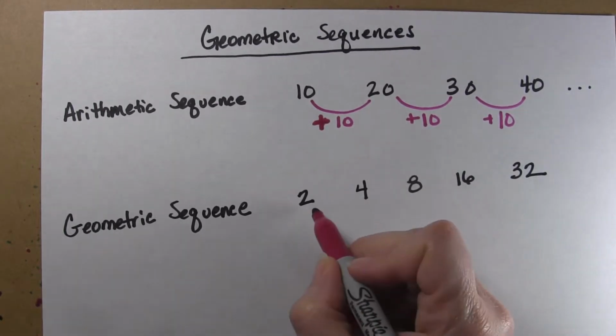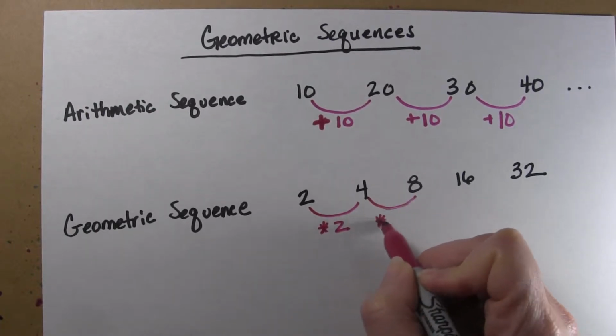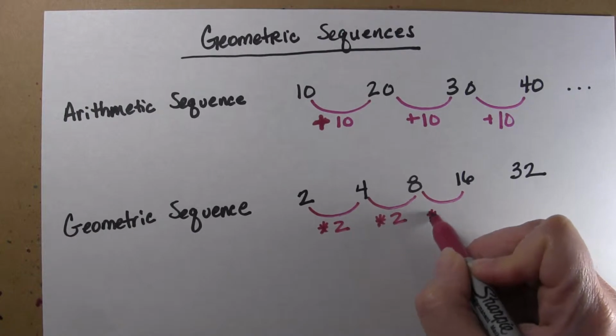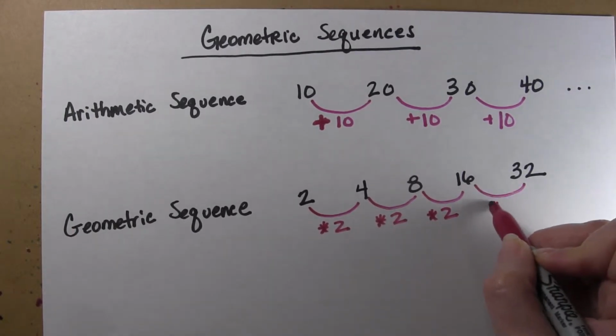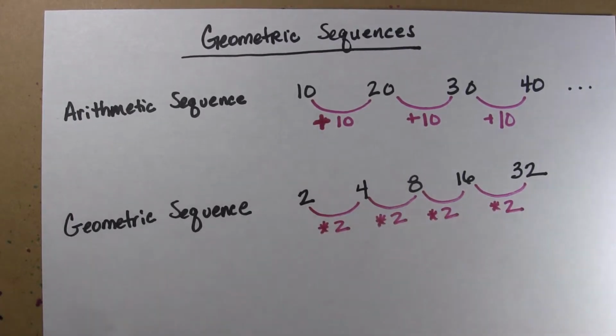Here what's happening is we're multiplying by 2, we're multiplying by 2, we're multiplying by 2, and we're multiplying by 2, right? So it is a geometric sequence because we are multiplying each term instead of adding each term, okay?